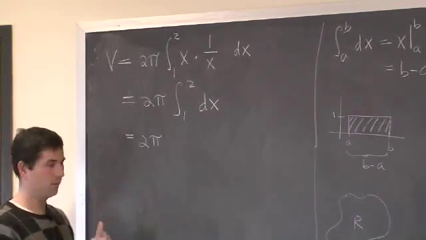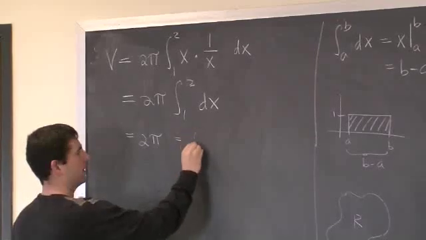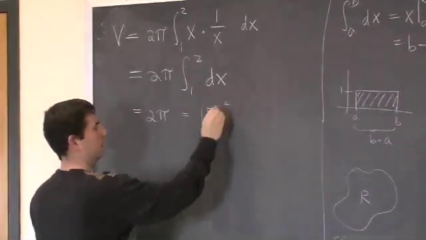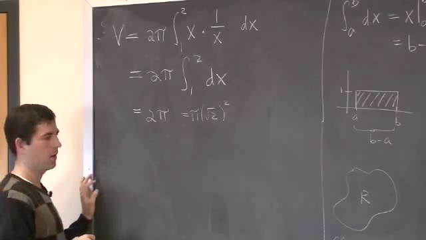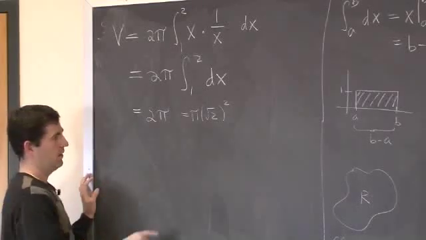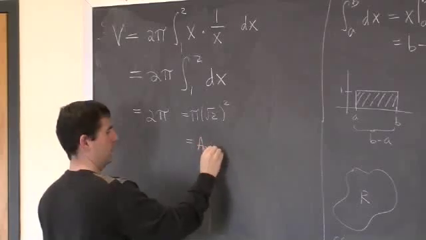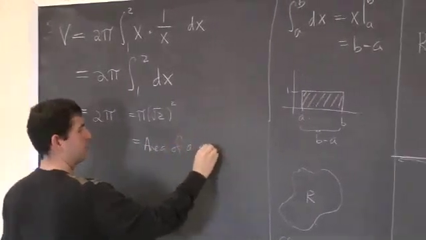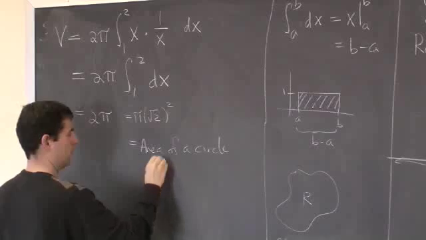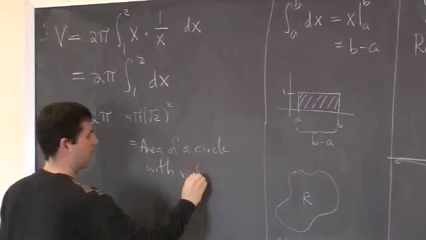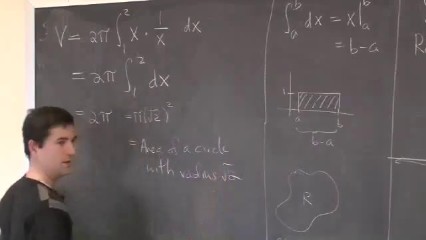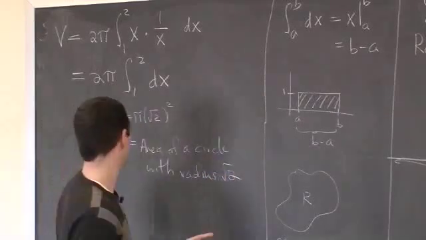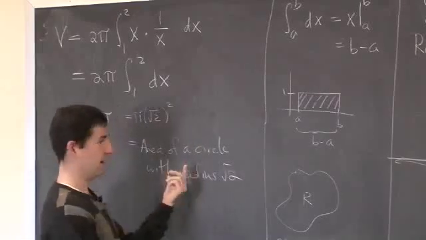With this you think, and this is kind of weird, 2 pi, by the way, is the square root of 2 squared times pi. Right? And this would be the area of a circle with radius the square root of 2. So somehow you get the same number out. Of course, this is an area, not a volume.